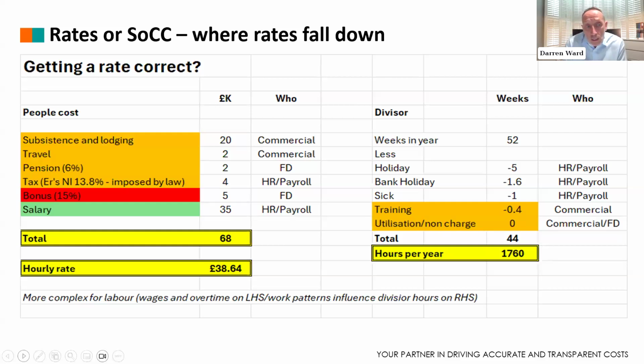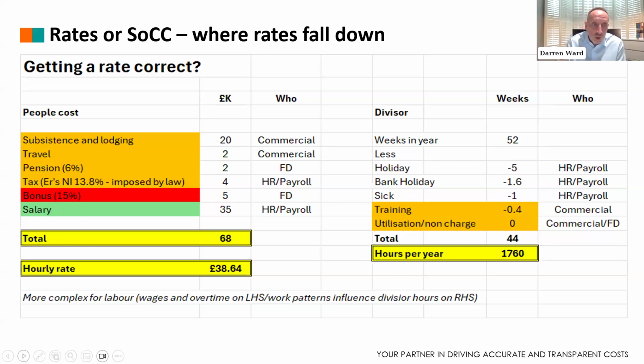So what could go wrong? What could happen? On the left-hand side, there was no bonus paid, so the FD assumed 15%. The FD assumed that the employee would take up a very generous company pension scheme and that the company would match a 6% contribution of the employee with a 6% employer contribution.